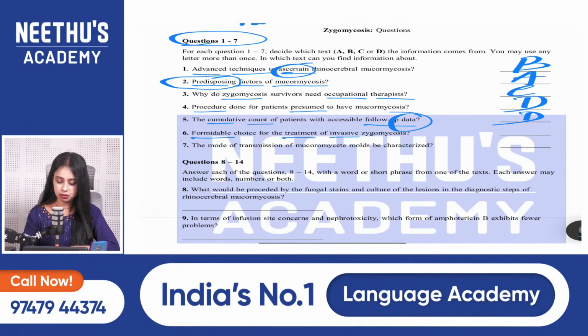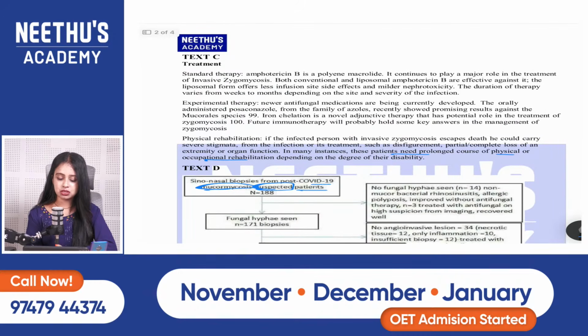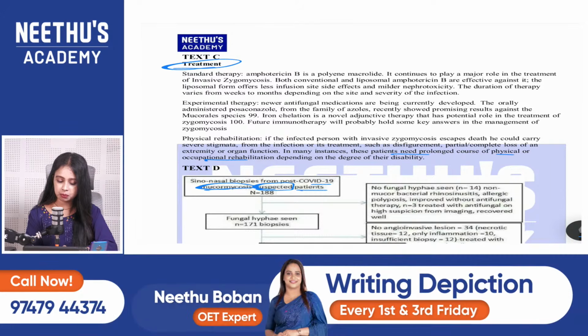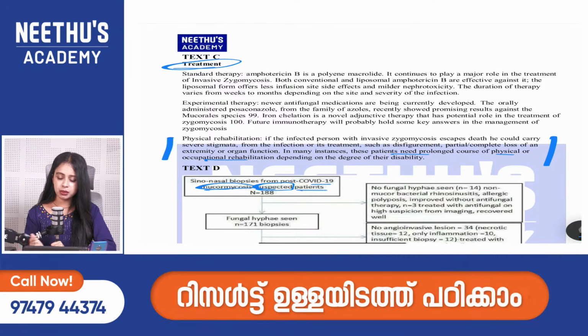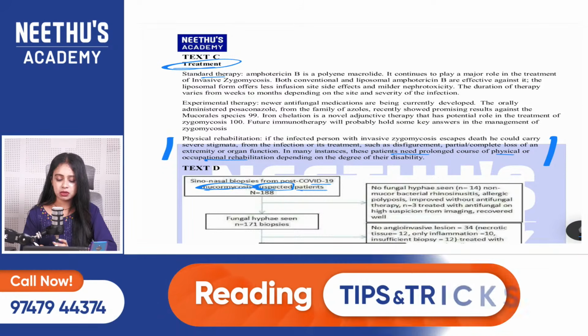The answer is from text C, because in text C they've mentioned all about the treatment. Invasive treatment may be their standard therapy, experimental therapy. It's not from here, because physical rehabilitation has nothing to do with invasive procedures, but in standard therapy as well as in experimental therapy, they can go for some kind of invasive procedure.